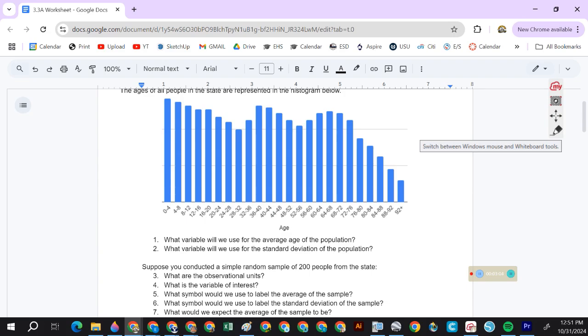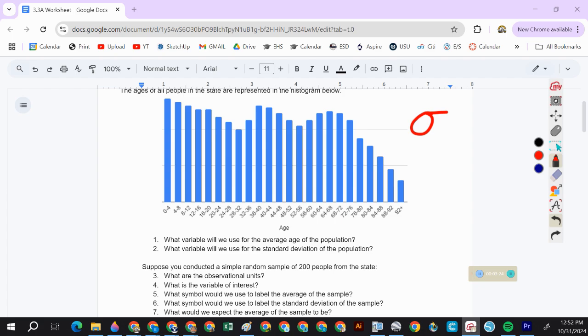Okay, number two. What variable will we use for the standard deviation of the population? Lowercase sigma. And it's a circle with a line on it. That is lowercase sigma. Okay?